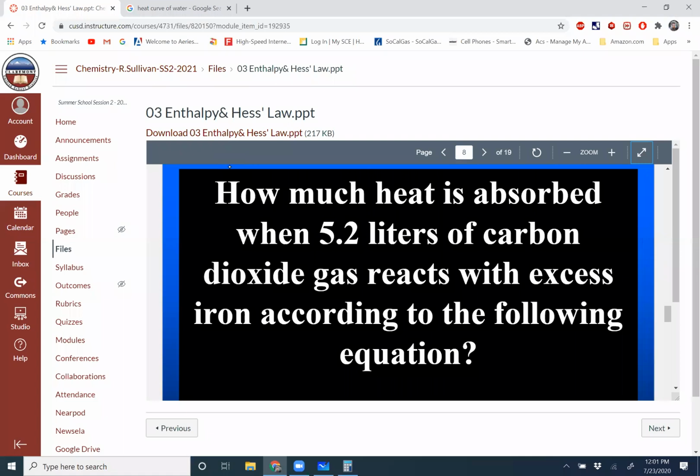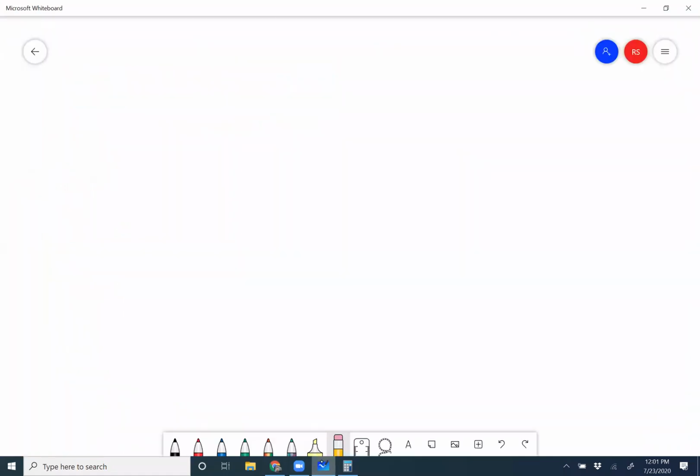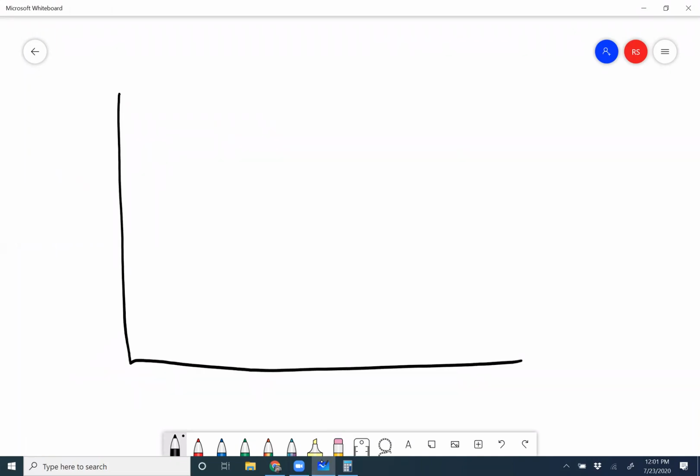Okay, so if we were to graph delta H, okay, or sorry, H, versus time for a chemical reaction, when the reactants have more energy than the products, we have an exothermic process.